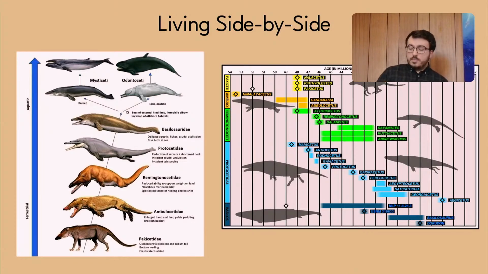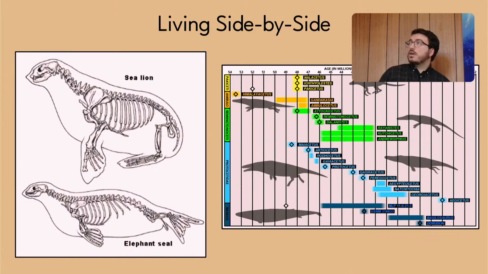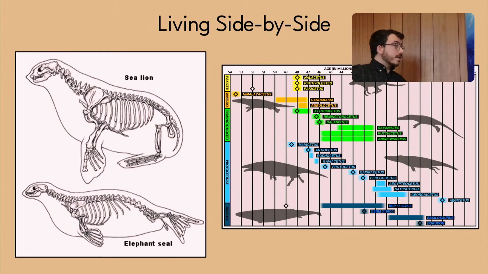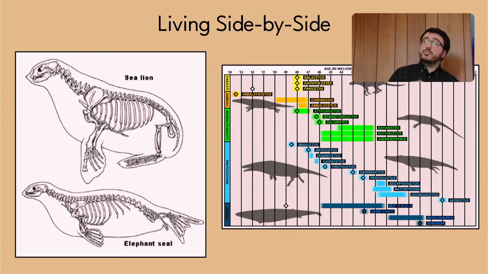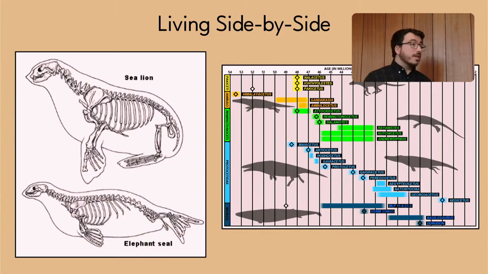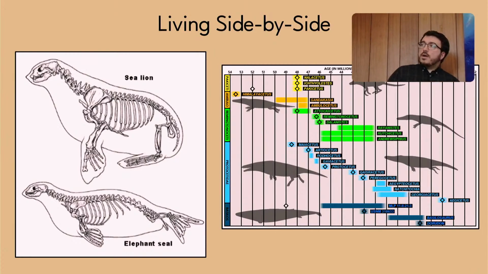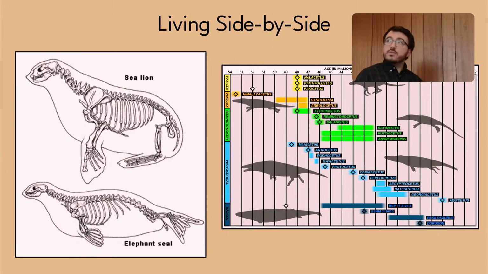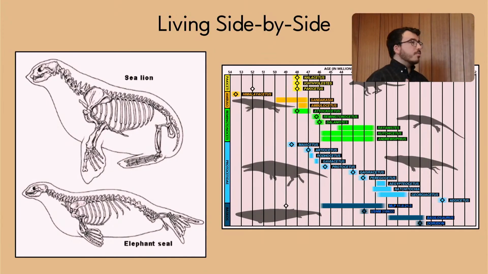And this is a little bit like sea lions and seals today, because they evolved from the same common ancestor and to pretty similar conditions as well. They're both things that used to live on land, and they are moving back into the water. But they have different features, and sea lions are actually a little bit more gracile on land.